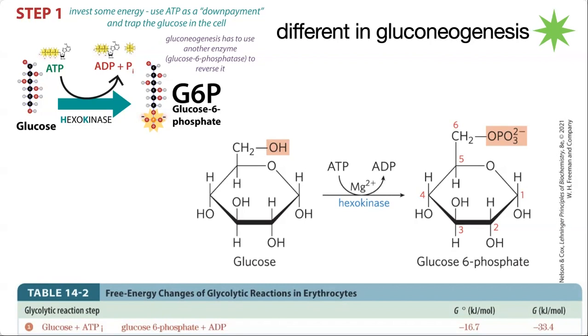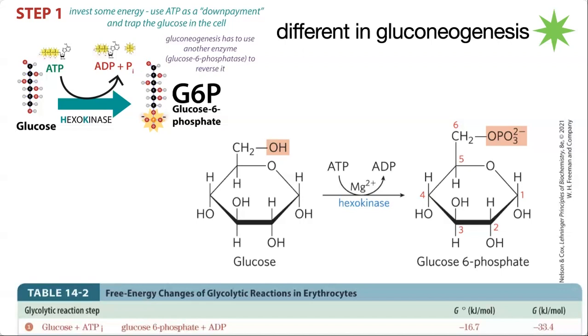Now, we wouldn't want this reaction to be easily reversible because then we would just be letting that glucose flow back out of the cells after we trapped it. But we want our liver to be able to release the glucose that it makes to give it to other cells, because remember, gluconeogenesis is happening in our liver, but other cells are going to need that glucose. And so we have this other enzyme, glucose 6-phosphatase, that's going to hydrolyze that phosphate.